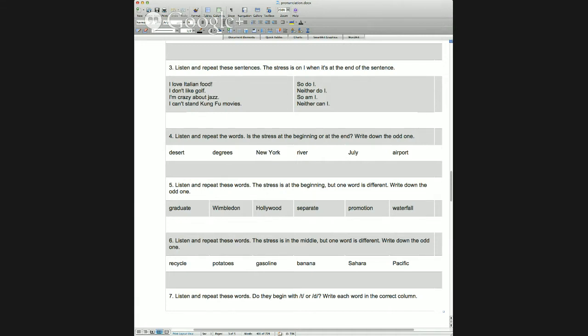So essentially we're talking about this stress on the I in sentences where we are expressing our agreement with someone. If you're speaking with someone and you want to agree with them or show that you share their opinion, this is a very common structure in English.